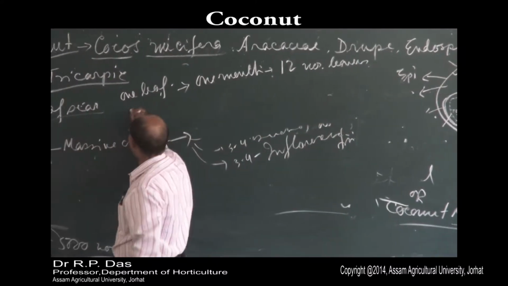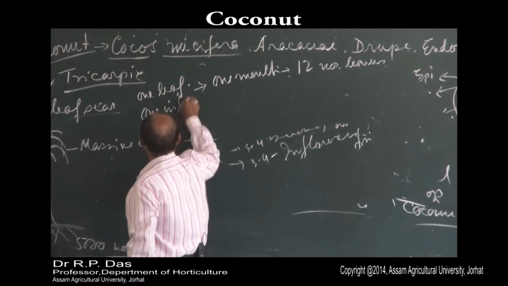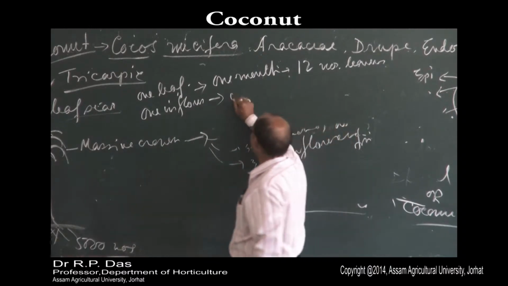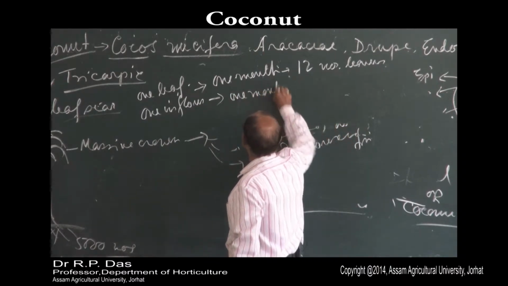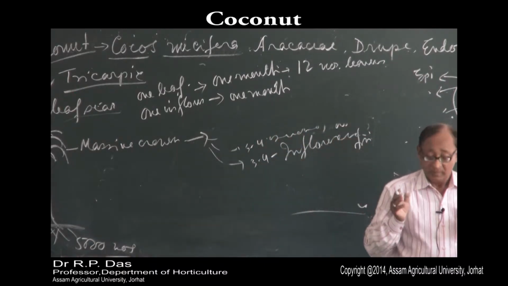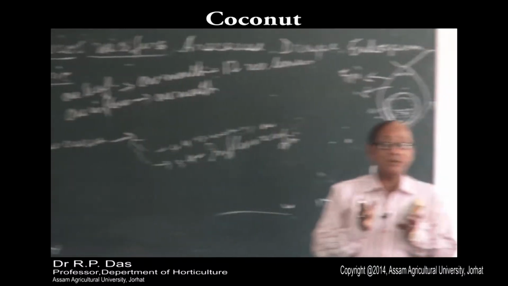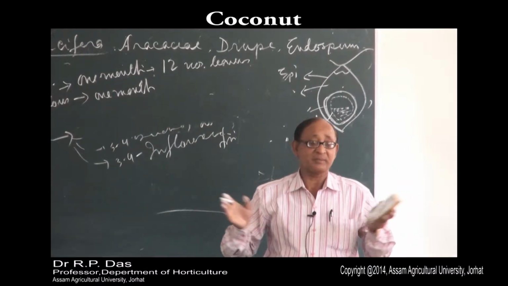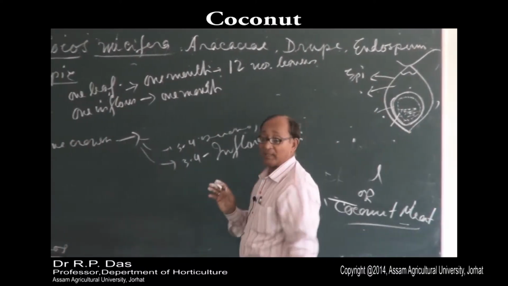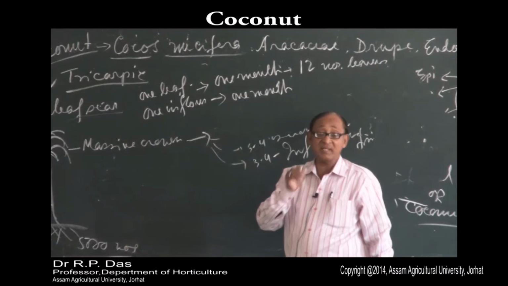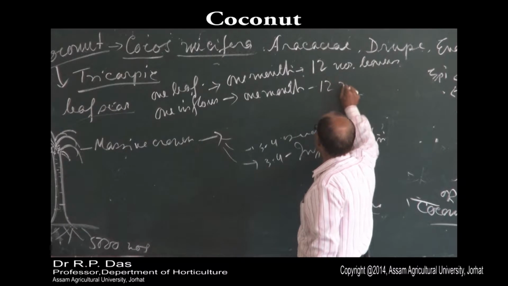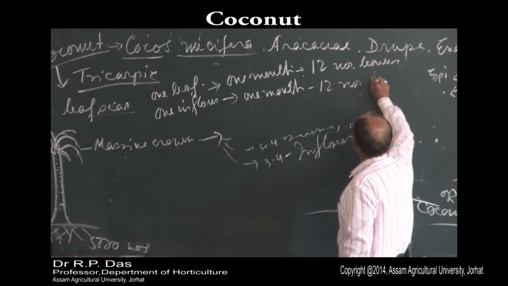Similarly, one inflorescence is developed at an interval of 1 month. This is the average duration. During summer days, the duration is short. During winter days, the duration is more. So on average, every 30 days there is a production of one leaf, and from the axil of each leaf there is a production of one inflorescence. So ultimately there are 12 inflorescences.